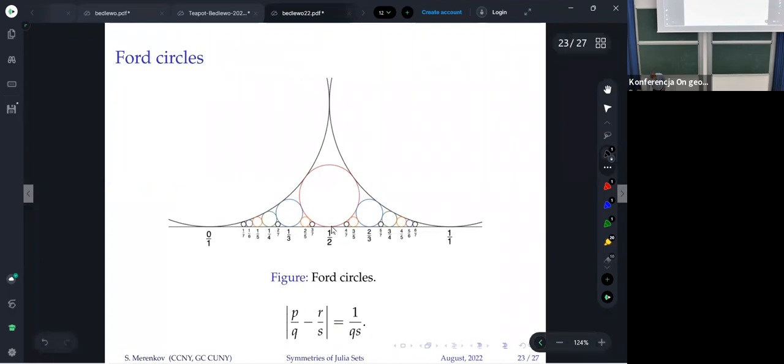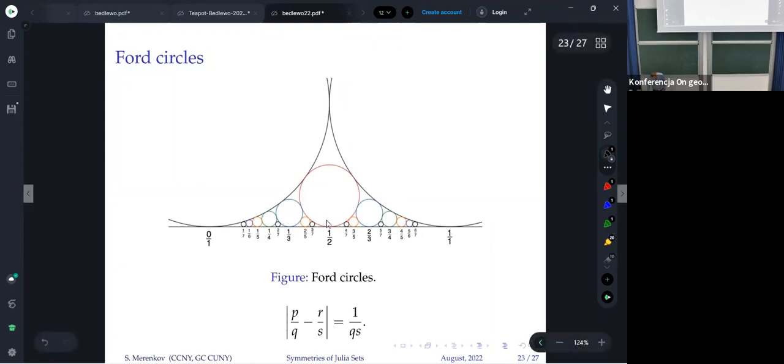I really like this picture a lot, and it's amazing how these circles are aligned. For example, if you want to know where this circle in the middle touches the real line, you have to add these two fractions, but not as fractions: you add numerators and denominators separately, like this.